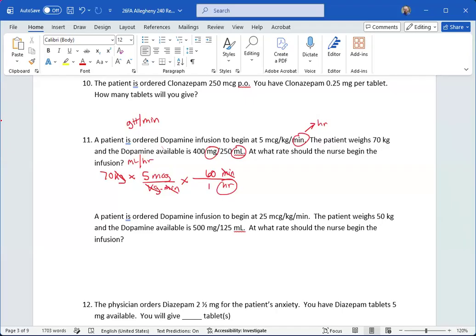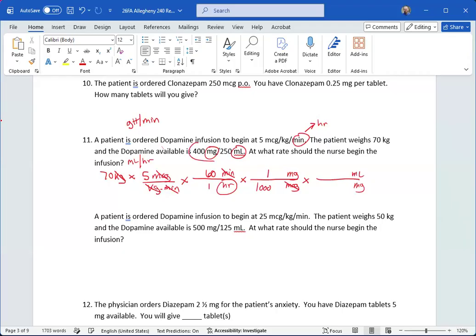We have micrograms here, but I need to get that to milligrams. So what I'm going to do is convert micrograms. I want to get rid of micrograms for milligrams. And you remember that 1 milligram is 1,000 micrograms. So we get rid of that. And then now I can get rid of milligrams for milliliters.